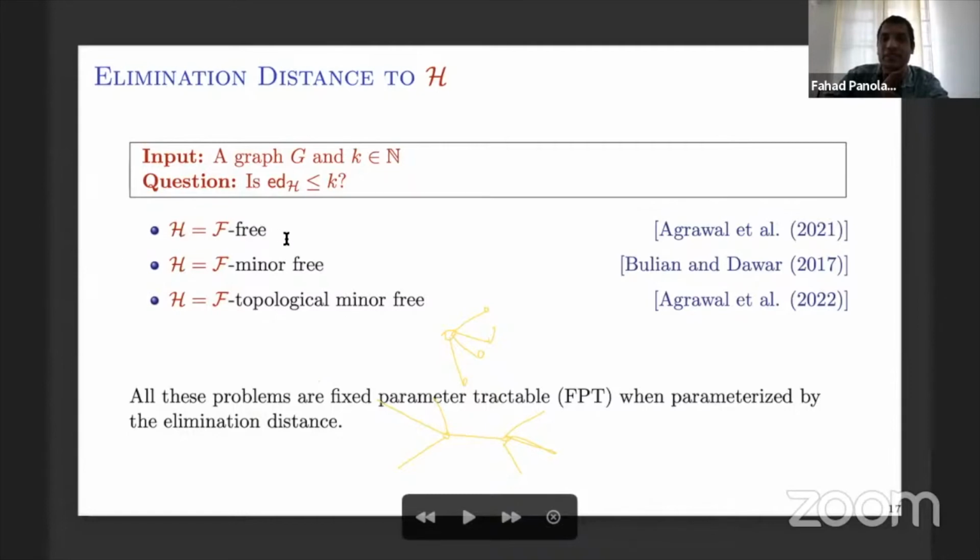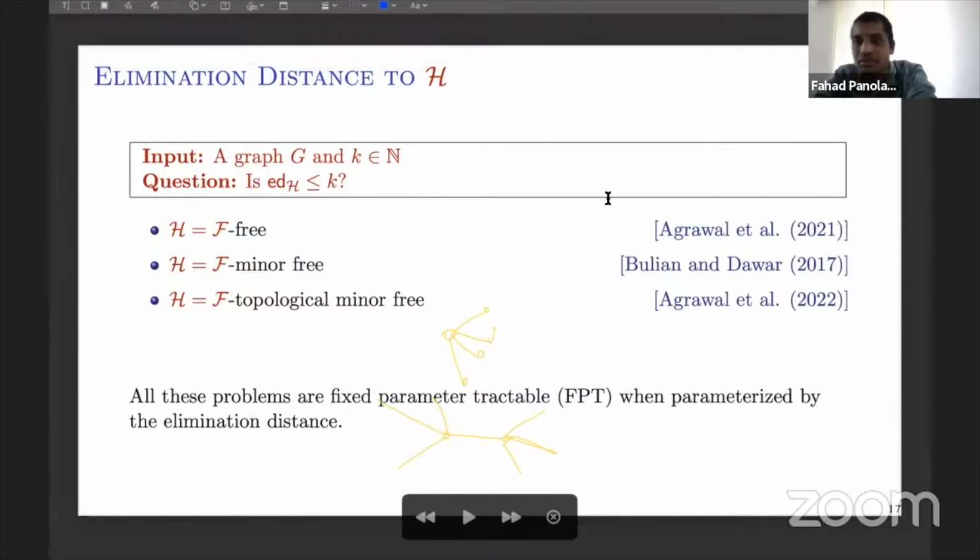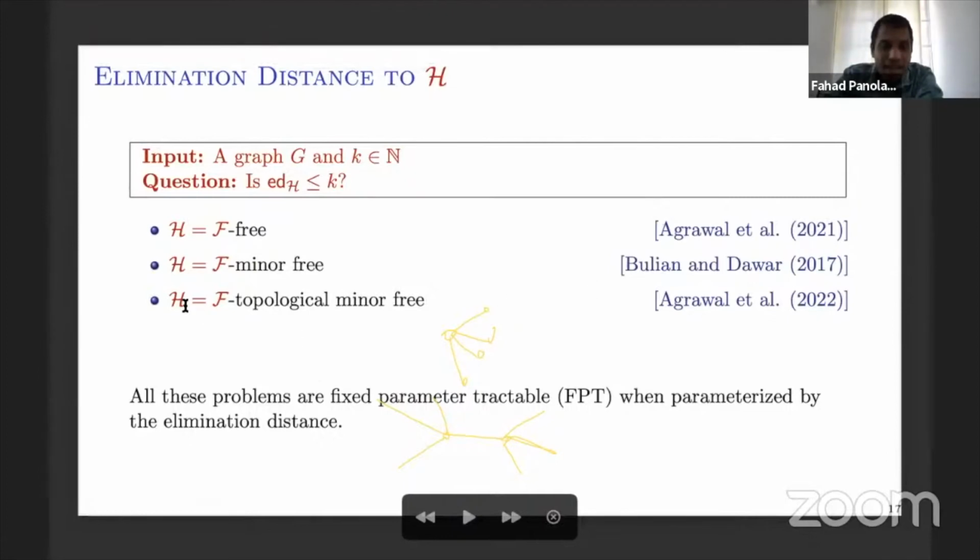When H is F-minor-free, then we can prove that it is FPT, and we will see a proof sketch today. And in the other work, we proved that when H is F-topological-minor-free, it is still FPT.